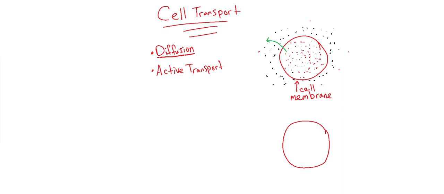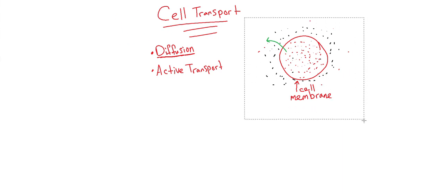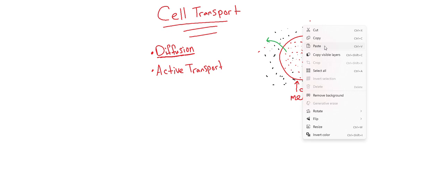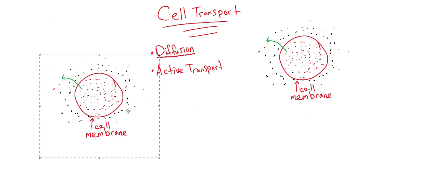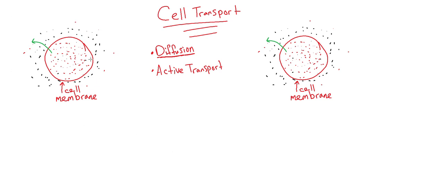Let me just Control C and Control V. Okay. So I have the same image, but instead it's not going to go from high to low. Instead, it's going to go from low to high concentration, which is against the concentration gradient.